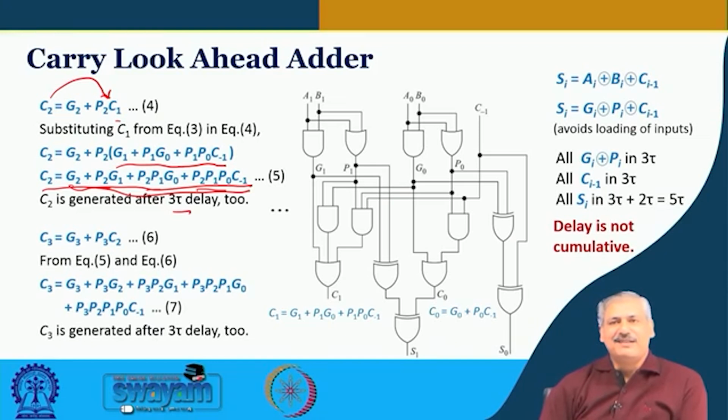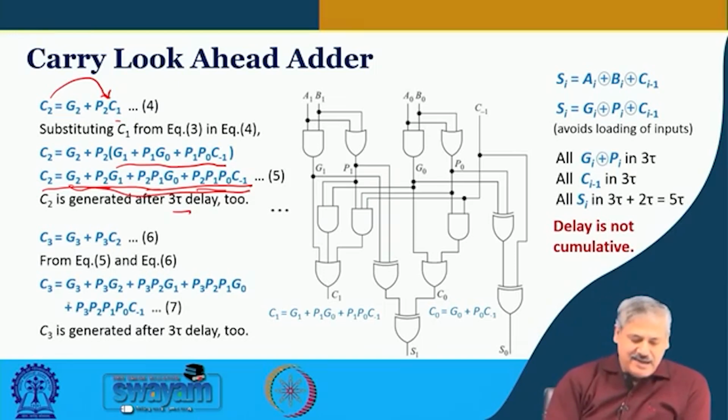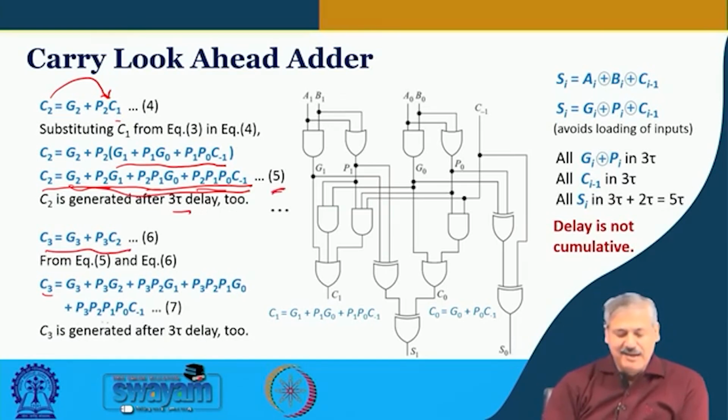So, even for 3-bit addition, it is generated after 3 tau. Okay. And C 3 for 4-bit operation, again the basic equation is C 3 equals G 3 plus P 3 C 2. C 2 we can substitute from equation 5 here, and again we will get an equation similar to this.